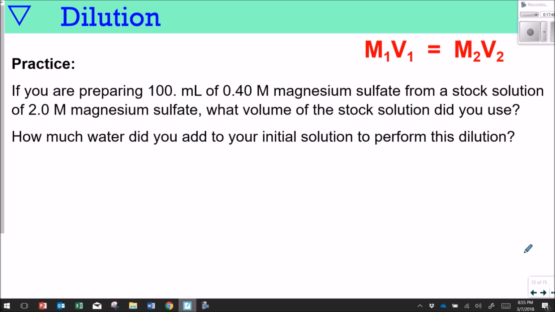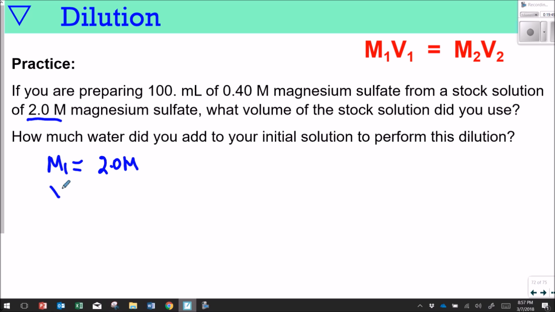If you are preparing 100 milliliters of 0.4 molar magnesium sulfate from a stock solution of 2 molar magnesium sulfate, what volume of the stock solution did you use? And then how much water did you add to your initial solution to perform this dilution? So we have M1, which is the molarity of our stock solution. So that is 2.0 molar.